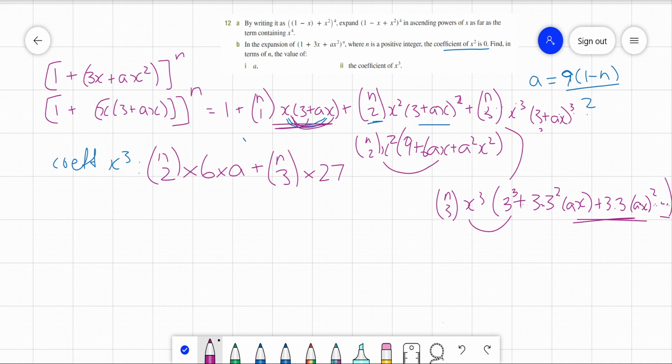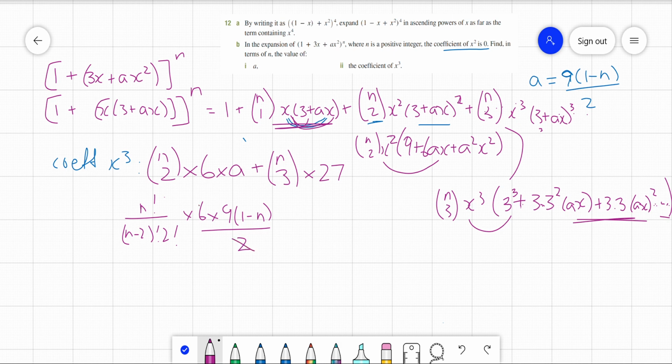Now, remembering what a is equal to, we can say this is n factorial. Let's do this. So we know n factorial on n minus 2 factorial, 2 factorial, times 6 times what's a? a is 9 lots of 1 minus n on 2.